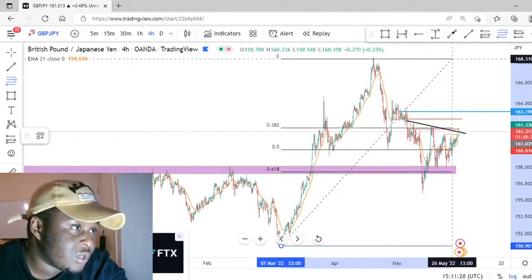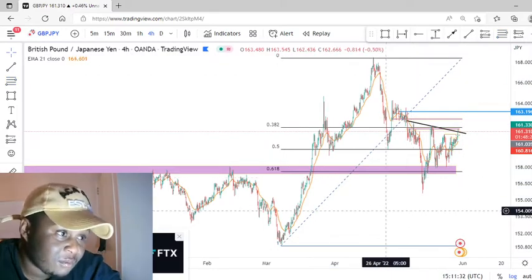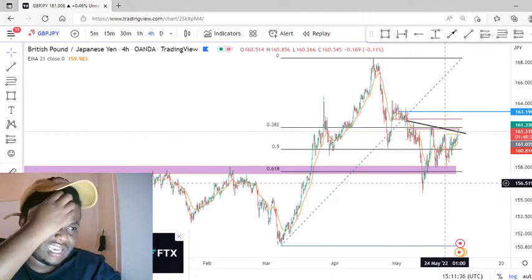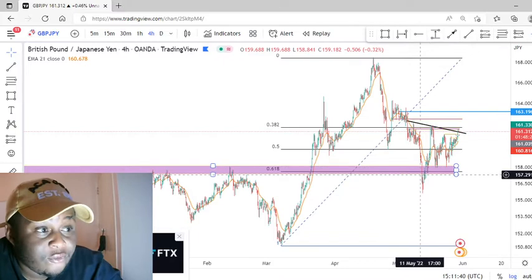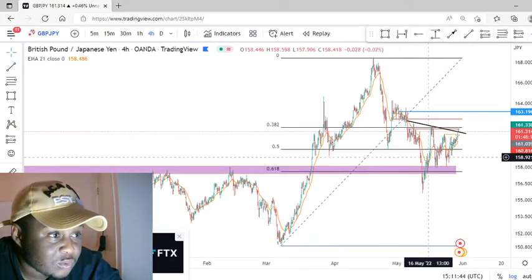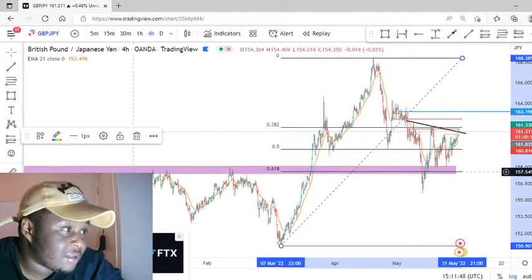It really pierced. Okay, I personally wouldn't take it via the fib because it pierced below this level, but the double bottom has formed in the 50 and 618 level over here. So that does make it valid.